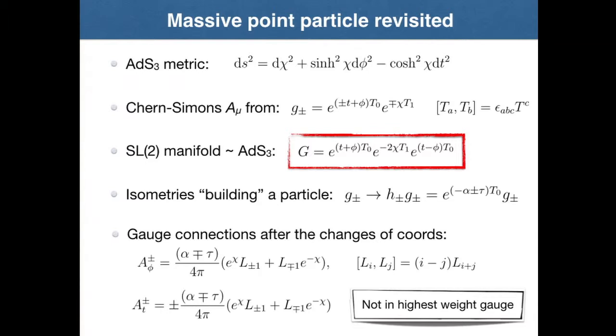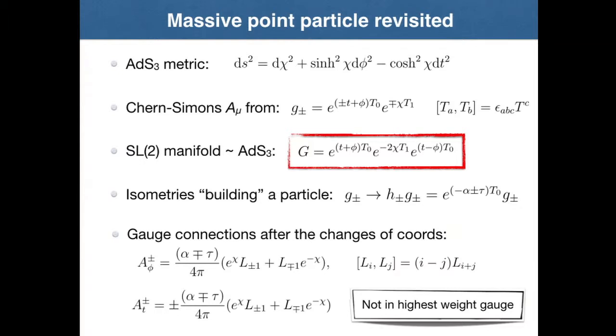And once I did this step, I can go back and reconstruct the connection that I obtained after the identification of points, and perform the same change of coordinates that I did in the metric case. I won't show you the details, but you can trust me that at the end of all this procedure, you obtain connections that take this form.